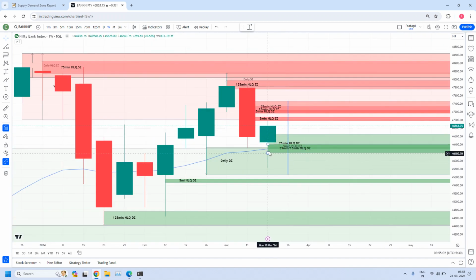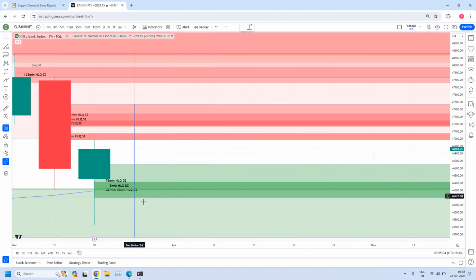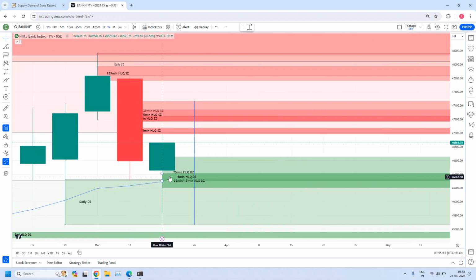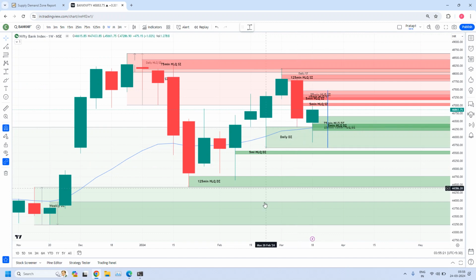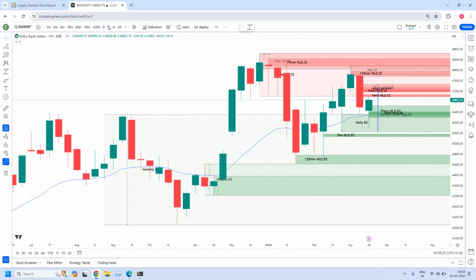See here. This high liquidity zone has weekly EMA confluence. This is a 75 minute zone, a 5 minutes high liquidity zone, a 25 minutes and 15 minutes high liquidity zone. Definitely a strong support will be there if prices come here. And what about monthly?